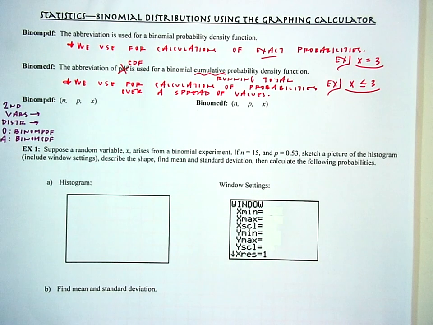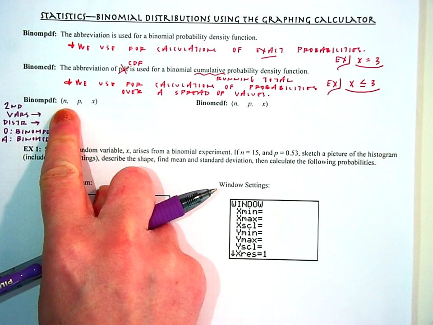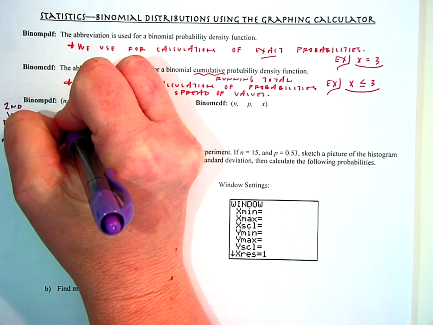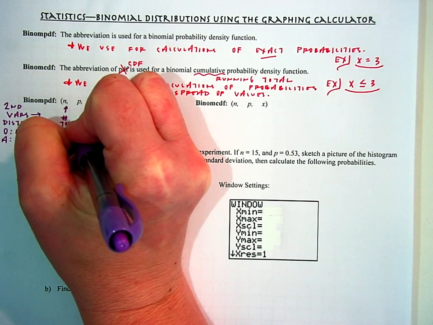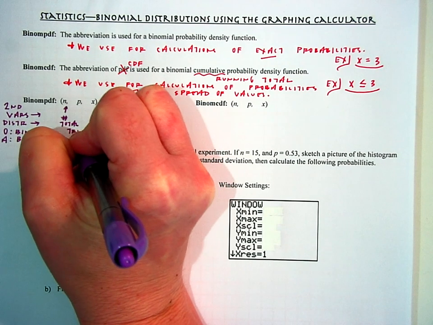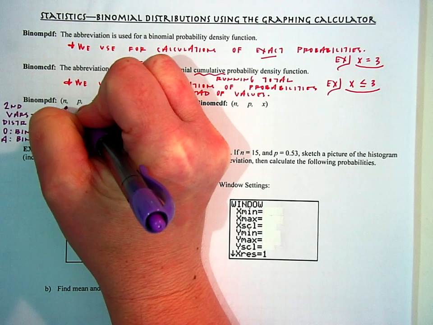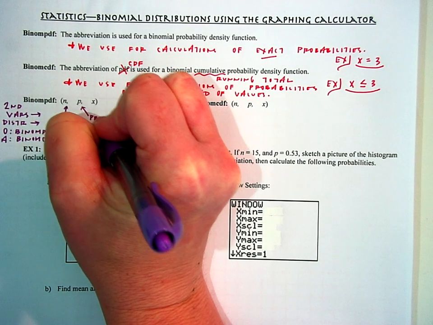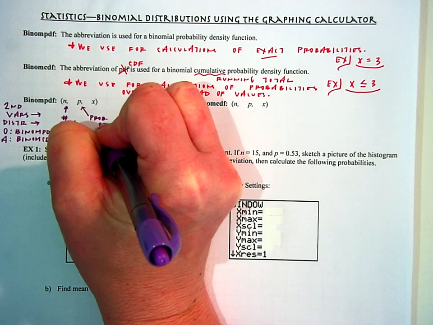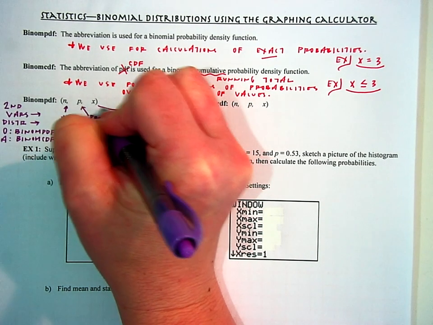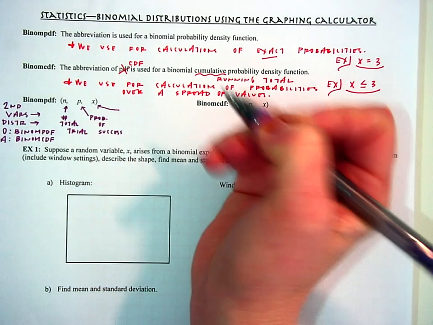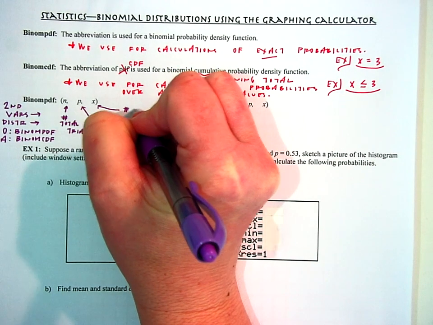When we use the PDF function, the n is just our total number of trials, so the number of total trials. The p is our probability of success. And the x is our count of successes, our number of successful trials.